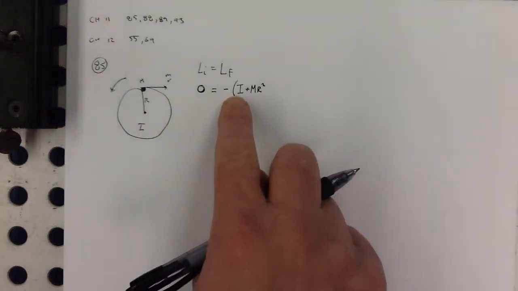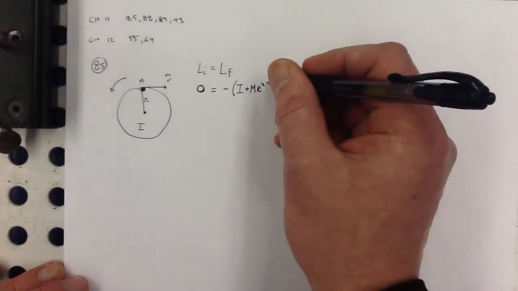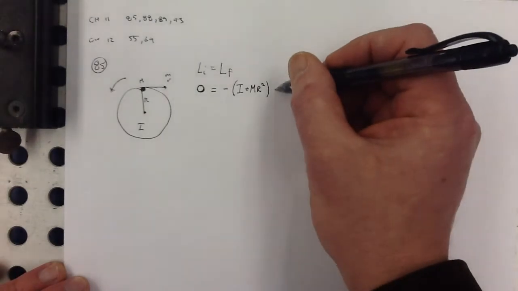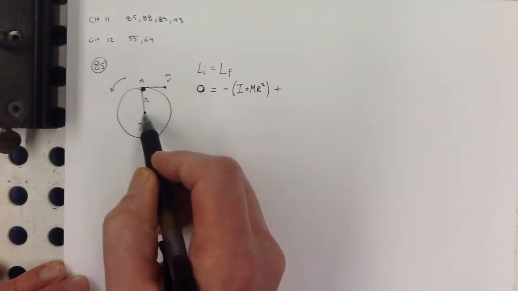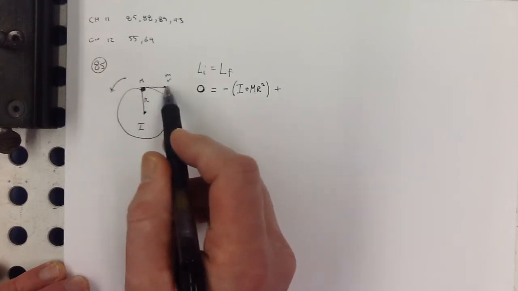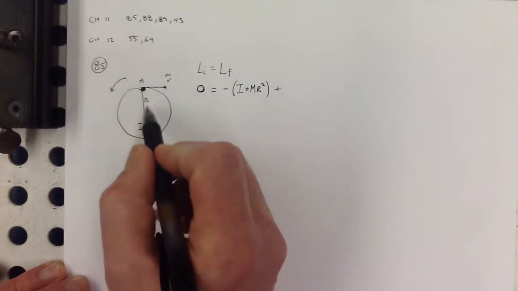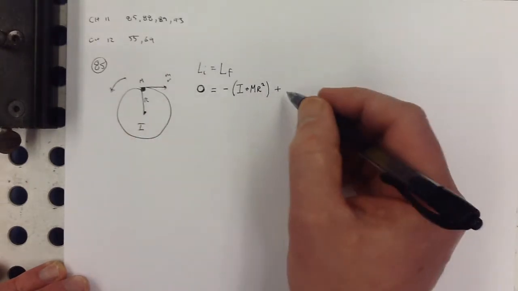So the wheel plus the girl, which we're treating as a particle, just an mr squared. So there's that. Plus the angular momentum of the rock with respect to this point here is rmv. And remember that when something's moving in a straight path, like a particle, it's just that perpendicular distance that matters. So it's rmv.